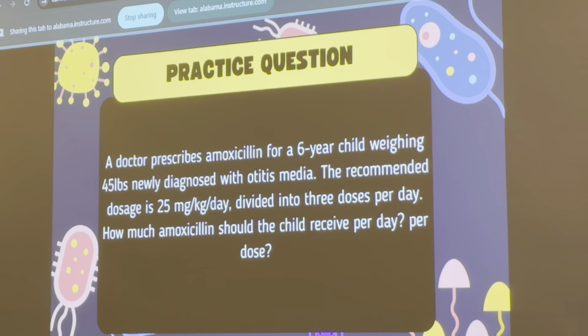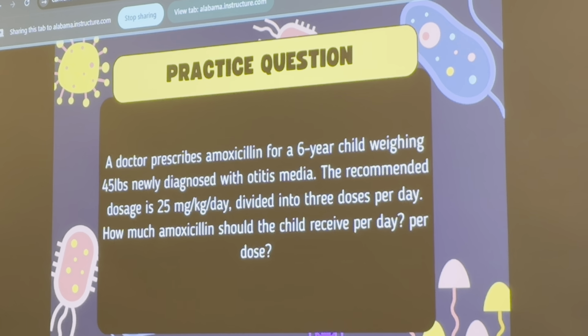Give me just a second. Anybody got anything? 511 milligrams a day. 511 milligrams a day, I like that. 170 milligrams per dose.